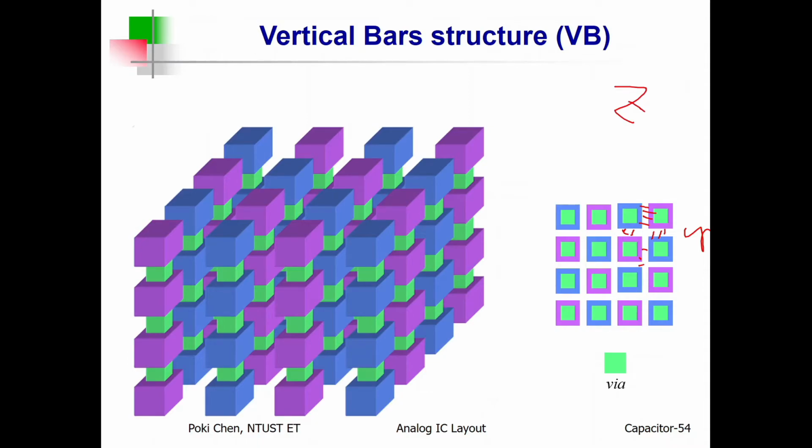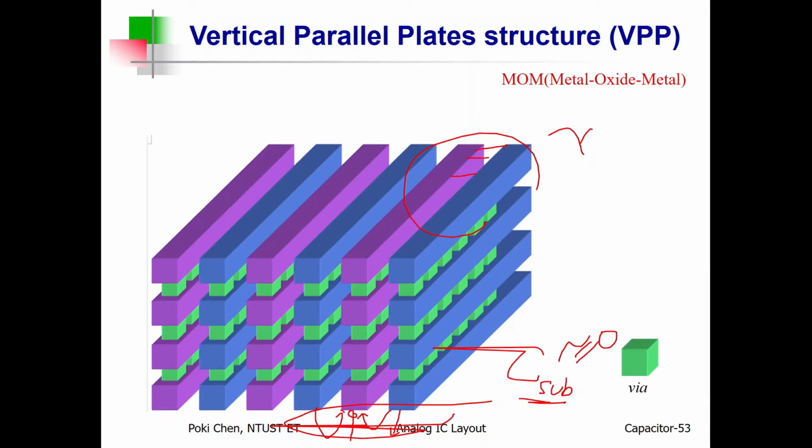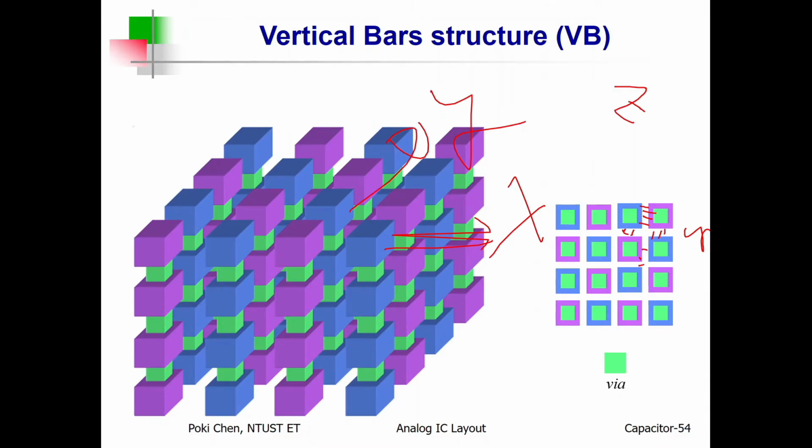And for vertical bars, in both x and y direction. Never mind. For all those, I mean, for VPP and VB, actually, they don't have any flux along the z-axis. It means they don't have any kind of vertical flux. It is what we need, right? To enhance the matching property and also to make it scaled with the process evolution. Bingo, that is what we want.